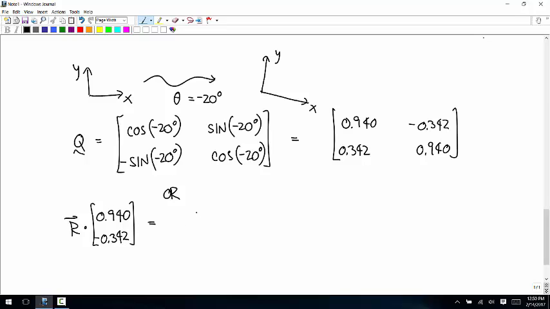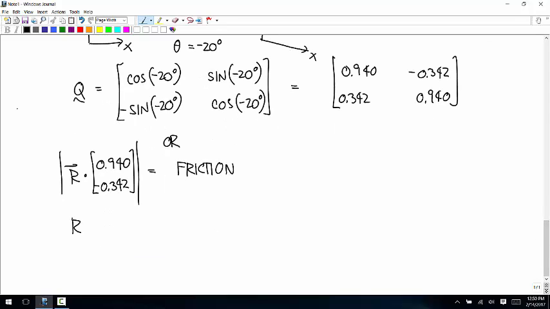And that will give you the friction. You could do an absolute value. I think it might come out negative. And then the normal force, you'll do that R dot product with a unit vector perpendicular to that surface. So 0.342, positive 0.940. That'll give you the normal.